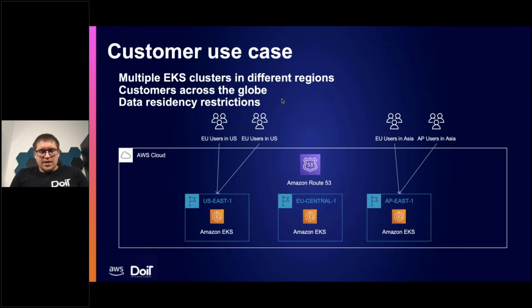The problem is that in this case, they would need to replicate the login system, and they need to build their own routing system in order to route the users from different geographies when they're not in their home region. So for example, if the company is registered in the US, as you can see on the slide, we have European users, or users who work for a European company, currently located in the United States.